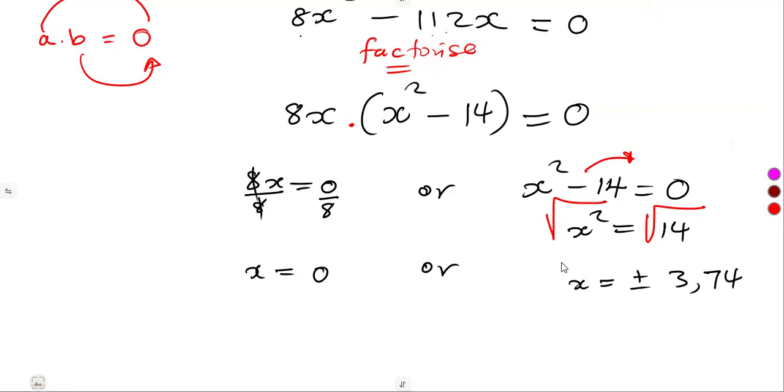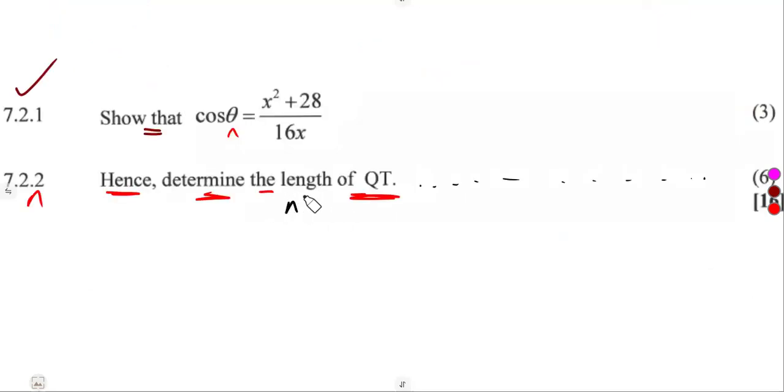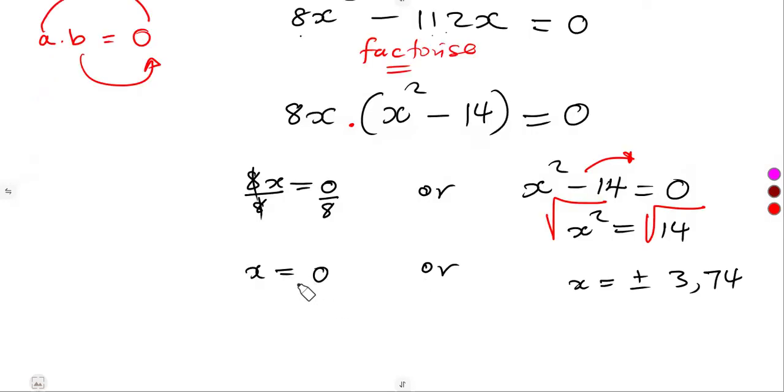3,74. In this case, we are dealing with x, which represents the length. So we cannot say the length is 0, guys. From point A to point B, there is 0 unit. No. There must be a certain distance. So meaning to say, in terms of length, x cannot be equal to 0.